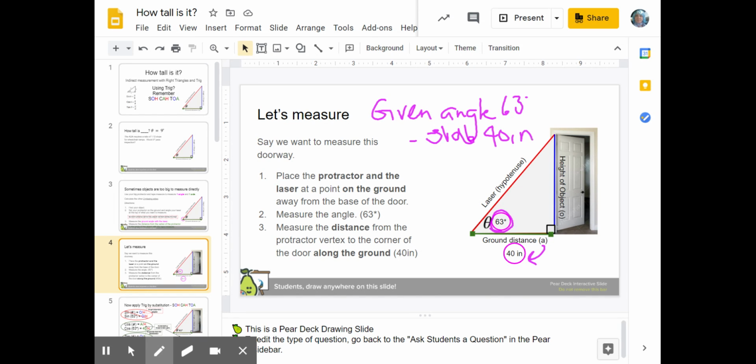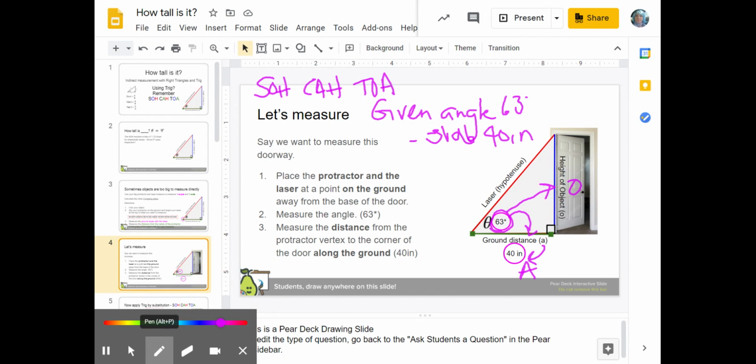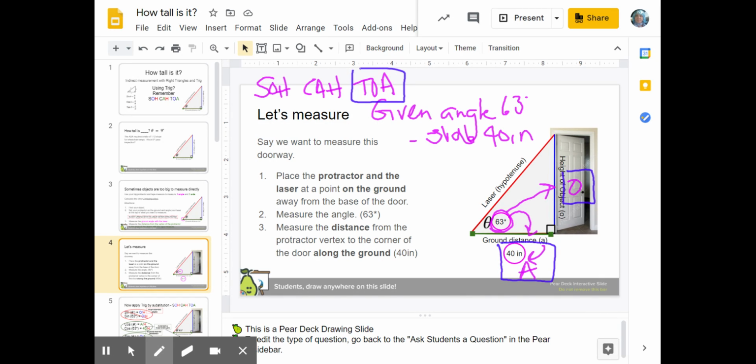So I still need to do SOHCAHTOA. I have my adjacent side and I want my opposite side. So what relates A and O? Sine, cosine, or tangent? What relates A and O? This is going to be that tangent, right? But this time I'm given an angle.